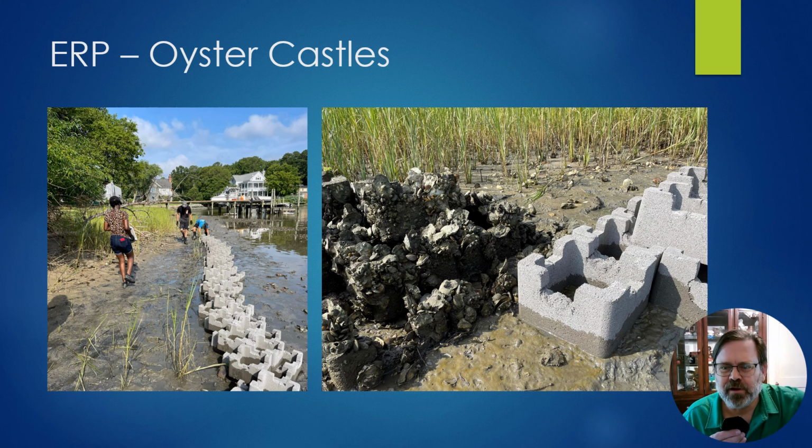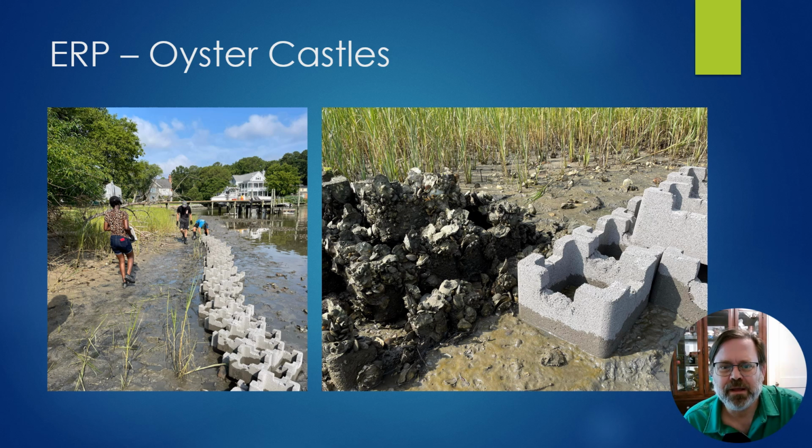You can place them so they interconnect with each other, and it enhances stability, and then that helps to protect the shoreline. Sometimes beyond this area, they'll add in sand in order to help account for sea level rise and things like that, and then they'll plant marsh grasses behind it. So you can see in the shot on the left-hand side, there's a whole row of the oyster castles, and then later they came back and added the marsh grasses behind that.